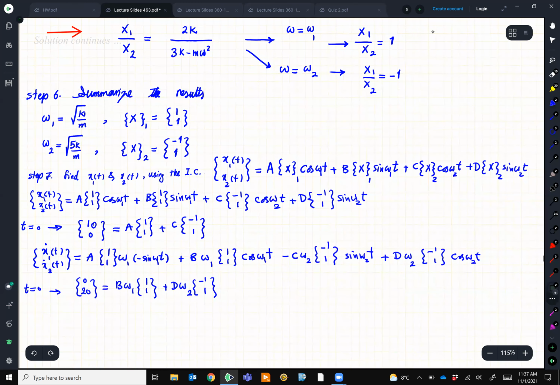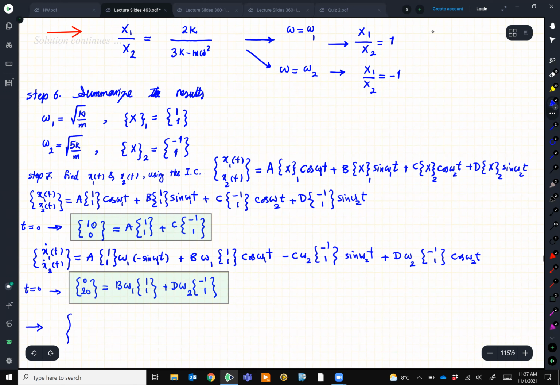All right. So we have this guy, we have that guy, right? Let's put them together and see if we can find all these unknowns. So I'm going to have a minus c equal to 10, a plus c is equal to 0.